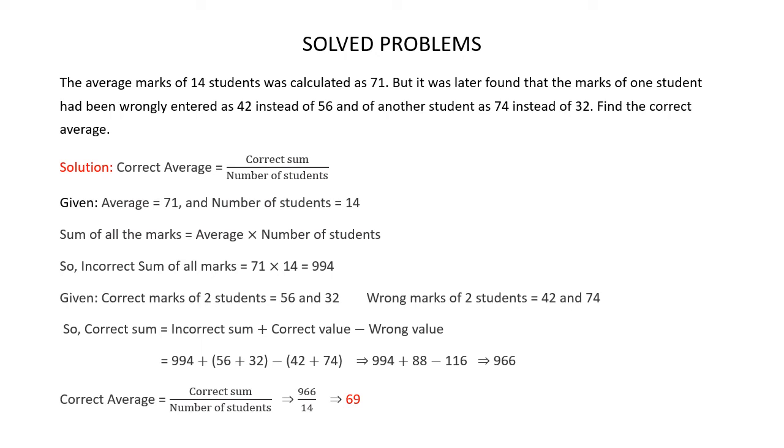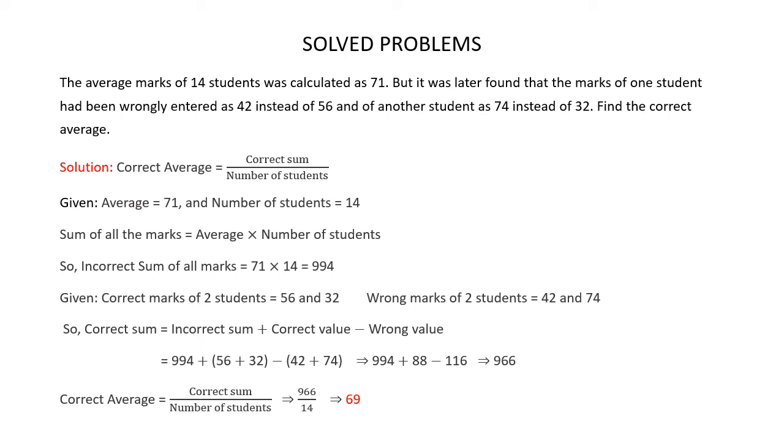Now it's given that the average marks is 71 and number of students is 14. So sum of all the marks is equal to average multiplied by number of students, which is 71 multiplied by 14, which gives us 994. Now this 994 is not the correct sum of all the marks, because while calculating the average marks, the marks of two students have been wrongly entered.